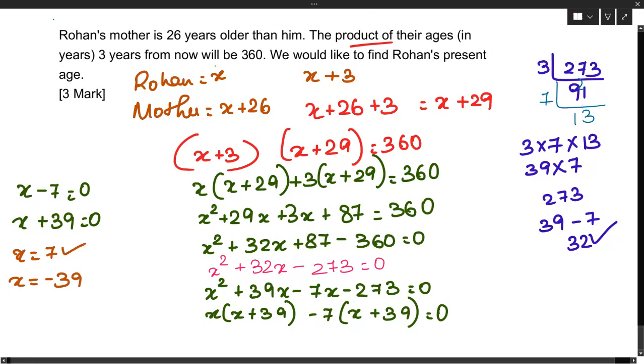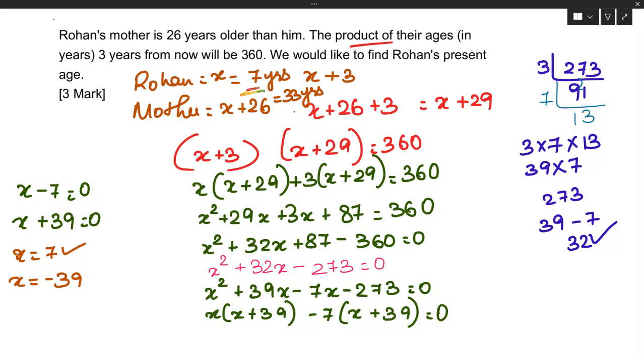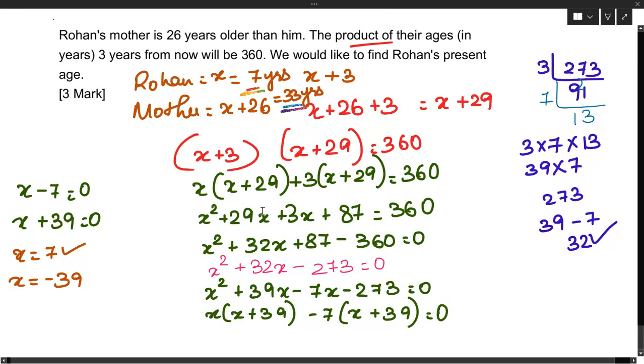So Rohan's age is 7 and mother's age will be 26 plus 7, which is 33. So Rohan's age will be 7 and, no, we just have to find X and Y. The 3 years is the condition they have given here to find it out.